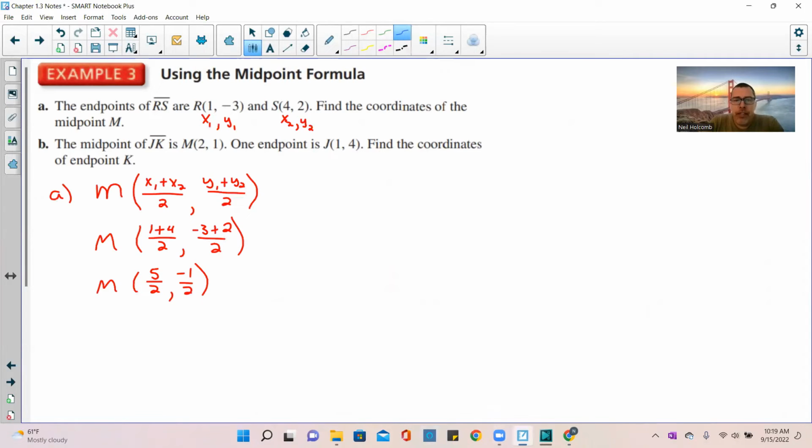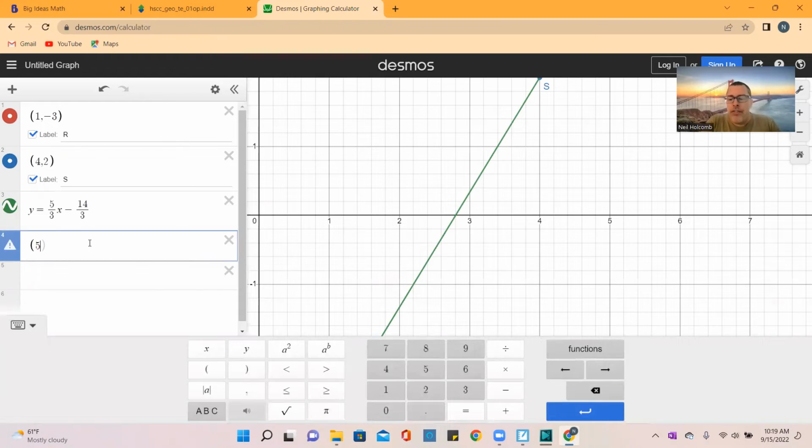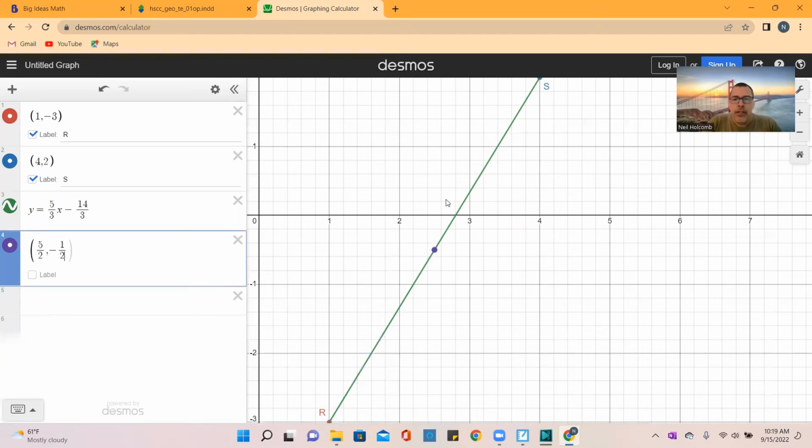If I plug that into Desmos, and I do 5 divided by 2, comma, -1 divided by 2, and move that out of the way, then that is the point, and we'll call it M. And there is our point M. So RM equals MS. That is the midpoint.